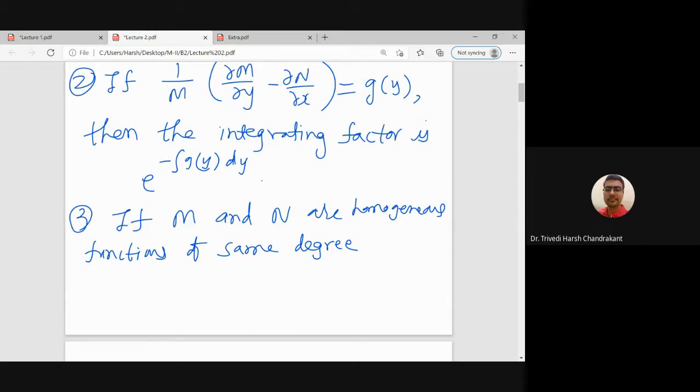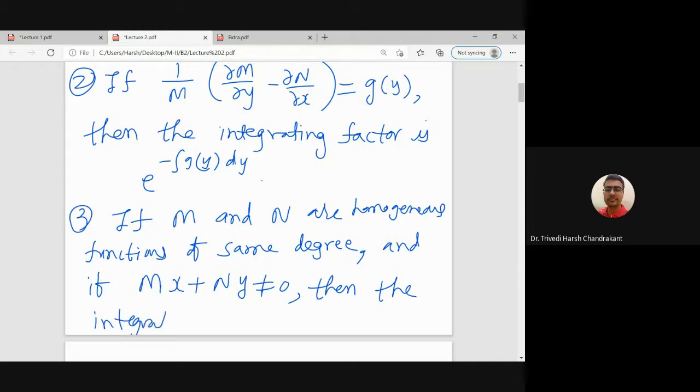If both functions M and N are homogeneous of the same degree, and another condition is that the function M times x plus N times y is a non-zero function of x and y, then in this case the integrating factor will be 1 divided by (Mx plus Ny).